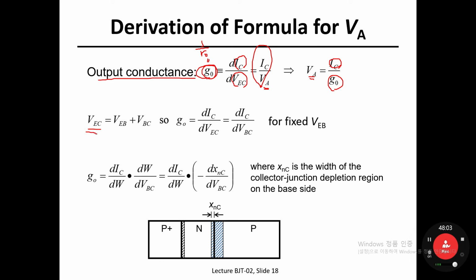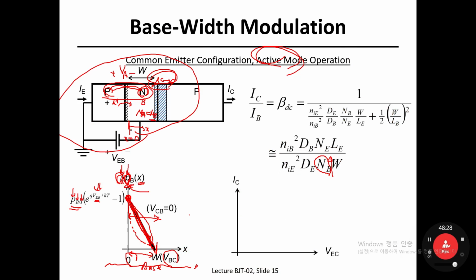Now, the output voltage VEC, the voltage difference between emitter and collector, can be rewritten as two voltage components, EB voltage and BC voltage, so that your output conductance G naught is defined as this, instead of VEC. Because in active mode, go back to here, yeah, the BJT is now working in active mode.